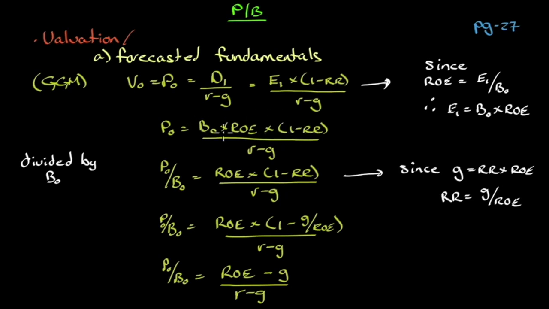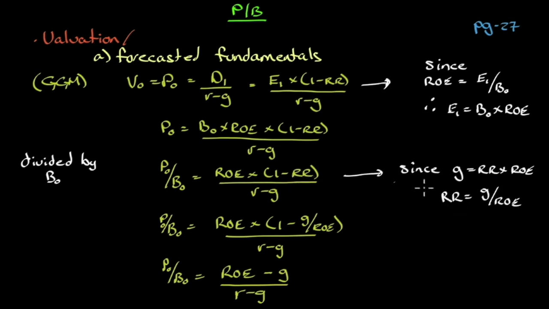This is just a long way to write out D1. So nothing has changed. Divide both sides by B0. So now we have our ratio here. Price over book equals, we get rid of this B over here, return on equity times the dividend payout rate. Since g equals the retention rate times ROE, we can express the retention rate as g divided by ROE.